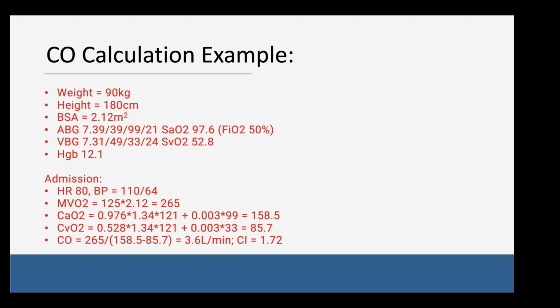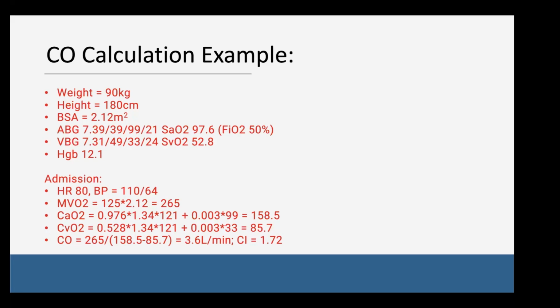The CaO2 is 0.976, which comes from the SaO2 times 1.34, a constant, times 121, which is our hemoglobin. And then in this case, I did include the dissolved oxygen content, which is pretty minimal, but it's 0.003 times the PaO2, 99, and that is 158.5.